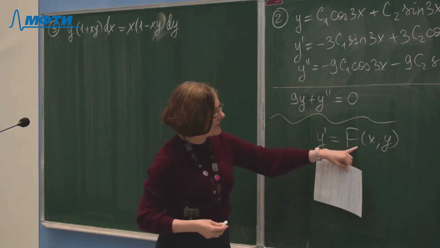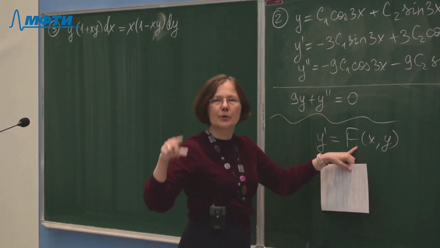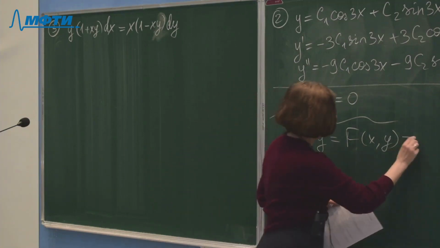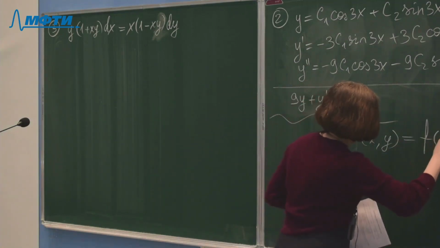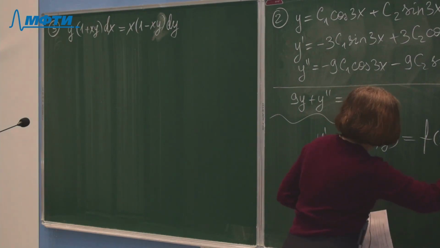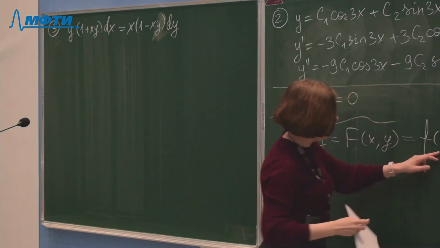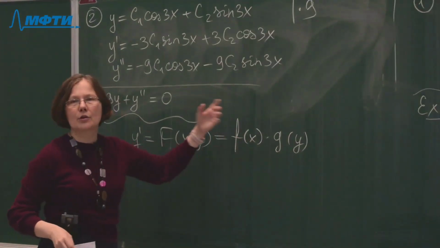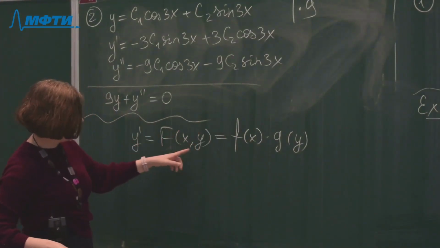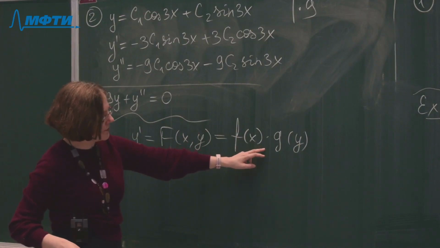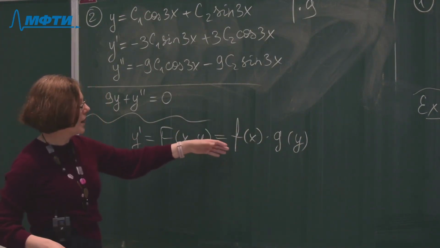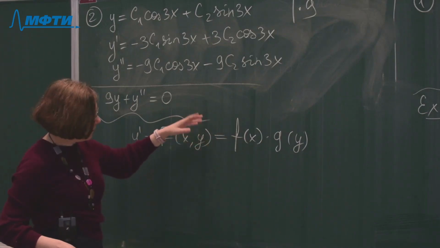If this function can be represented as the product of two functions, f of x times g of y, where the first function depends only on x and g of y depends only on y, then it is separable.